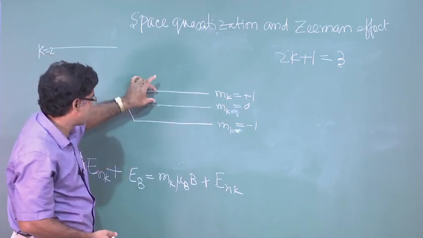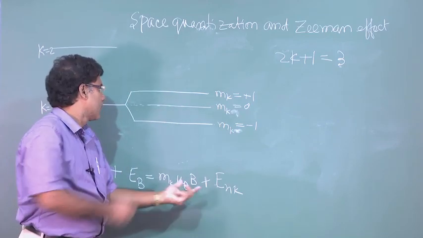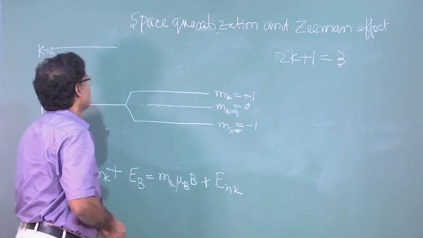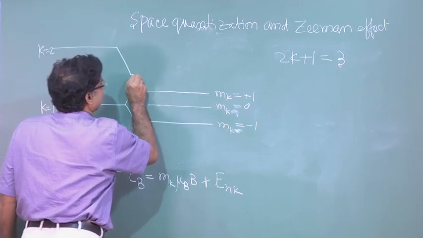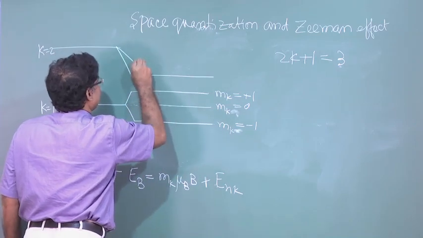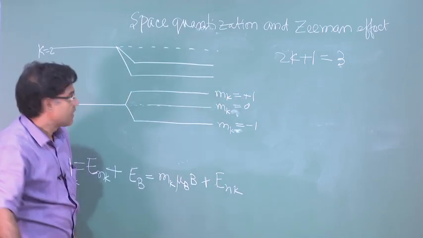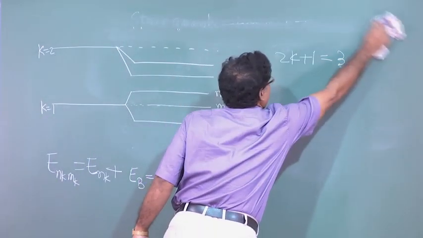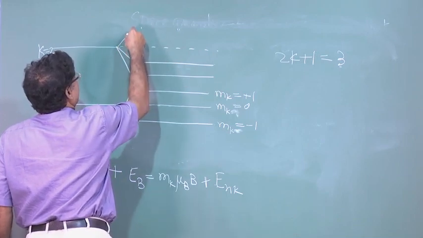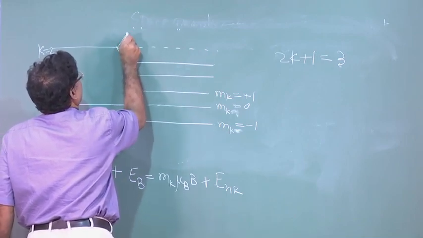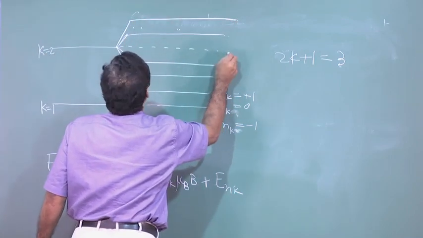The separation between them is basically mu v b. Similarly, from here you will get 5 lines: the original, and then two more on each side.